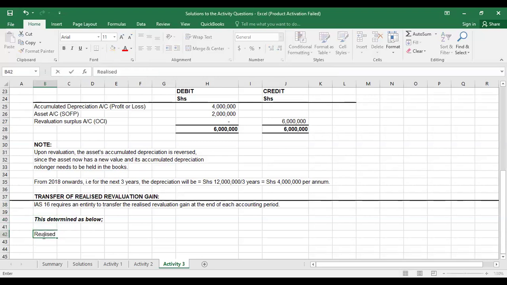Realized revaluation gain is equal to depreciation on revalued amount minus old depreciation charge.